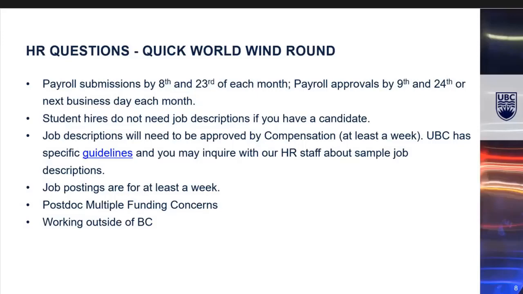Although if you're looking for a research associate, that is a faculty position that has to be posted for 30 days. Postdoc multi-funding concerns. I know some PIs have postdocs that are coming from multiple sources. The only thing is we can't pay them until all the funds have come to UBC.